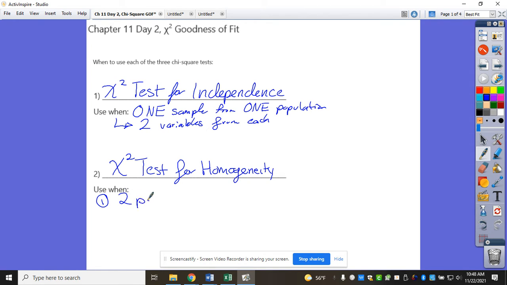Two samples or populations. Or two samples from two populations. And we record what? How many? One variable from each.